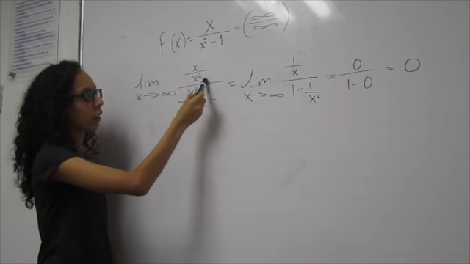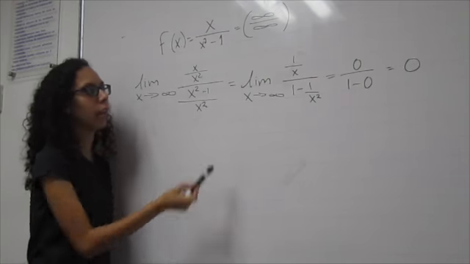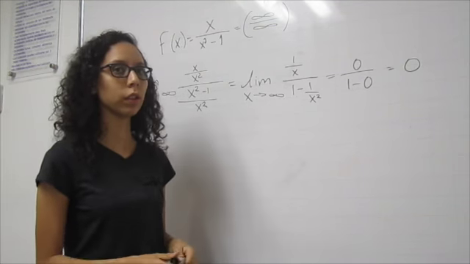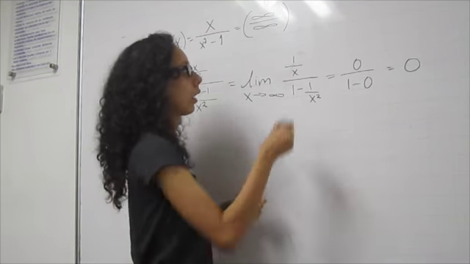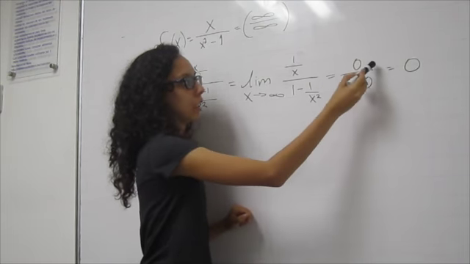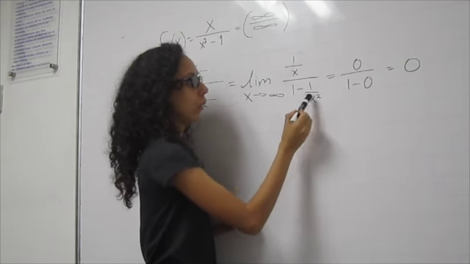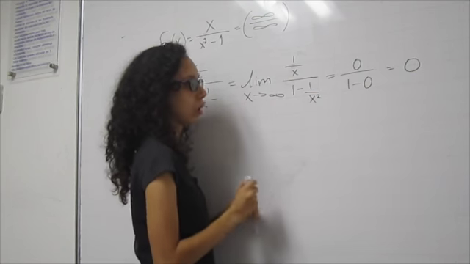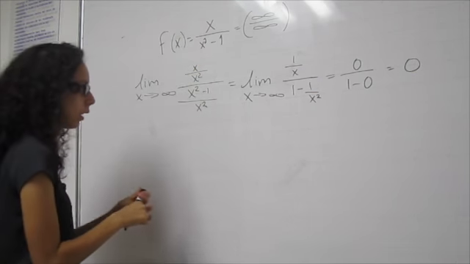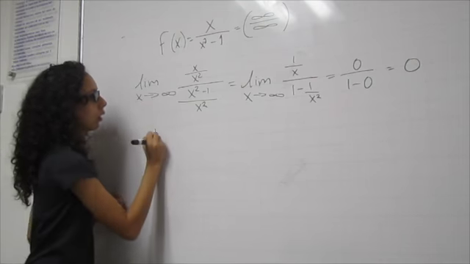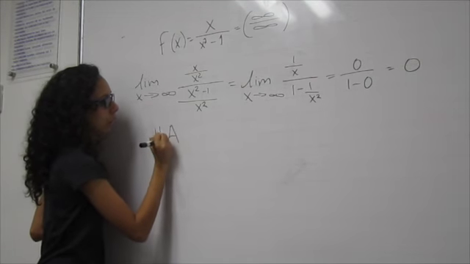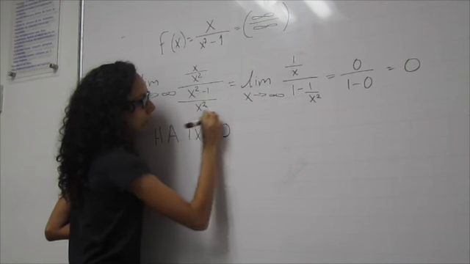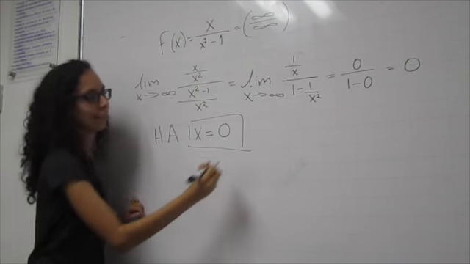When we substitute in the limit, we know that 1 over x, in this case infinity, is 0, and this is 1, and 1 over x squared as x goes to infinity is 0. So we know with this that our horizontal asymptote is y equals 0.